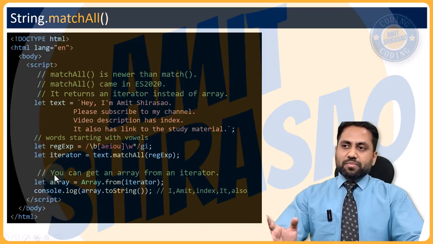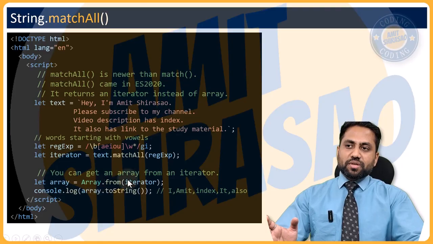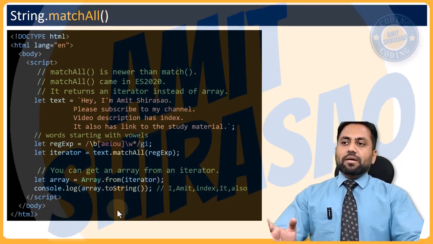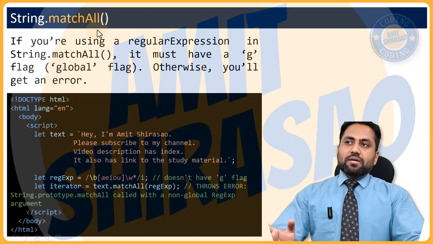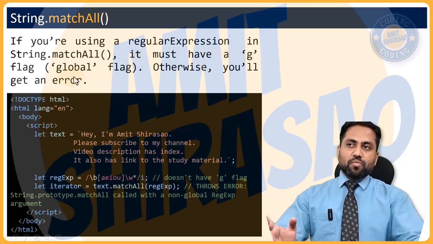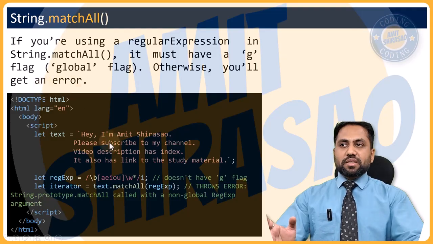But for simple people, simple souls like me, if you really want to convert the iterator into an array, this is how you do it. Okay. Then string.matchAll, if you're using a regular expression in matchAll, it must have a g flag, that is a global flag. Otherwise, it gives an error.